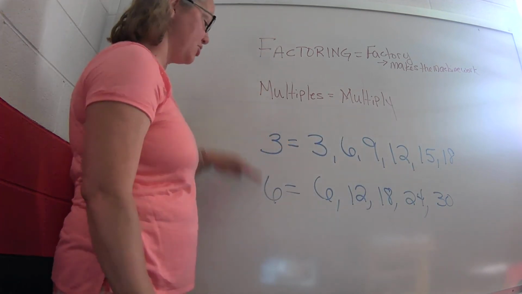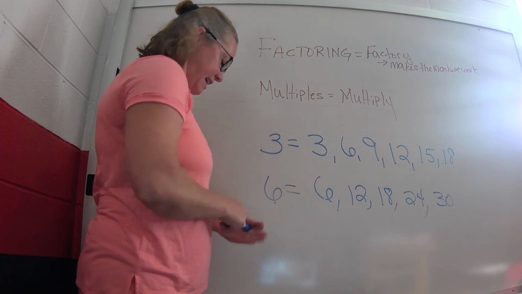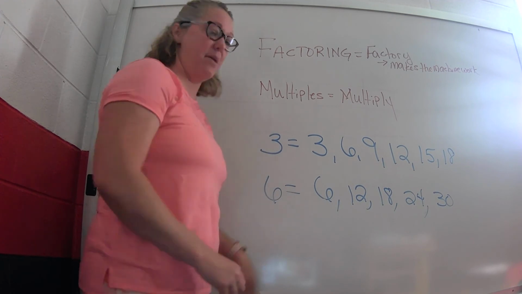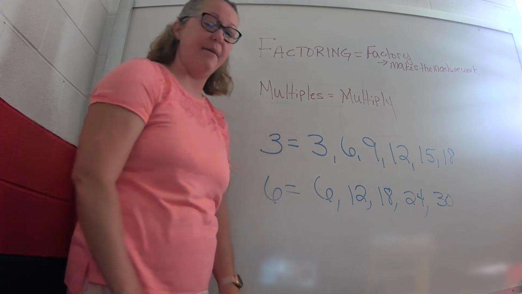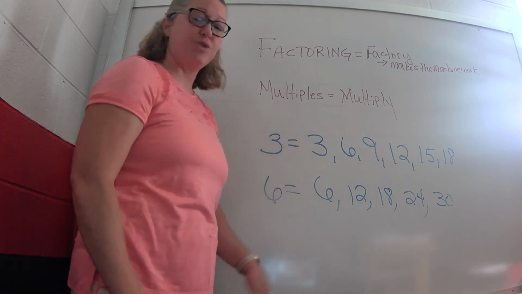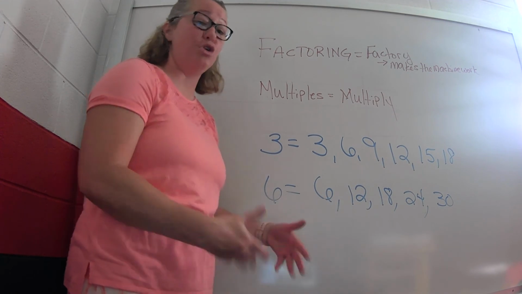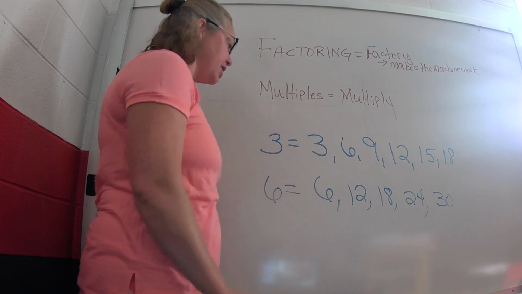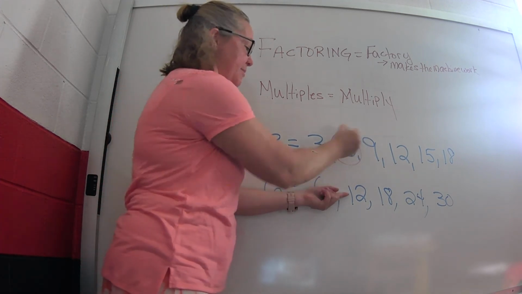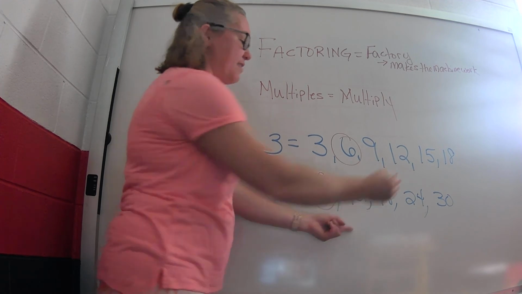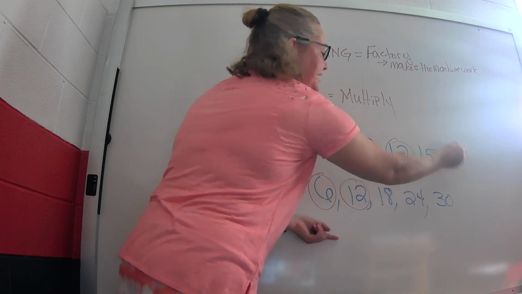Now, if I want to compare the multiples of 3 and 6 and find the least common multiple, which will become very handy when we do fractions and adding and subtracting fractions of different denominators, you have to have a common multiple. All right, so let's look at our common multiples. We have a 6 that's common. We have a 12 that's common. And we have an 18 that's common.